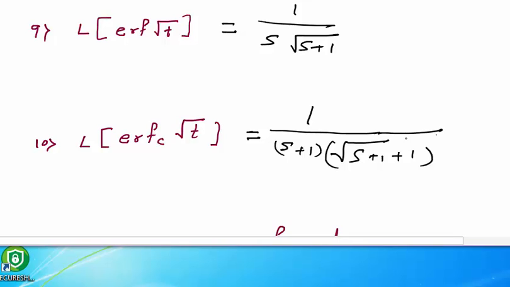For the complement of the error function, you can simply write this as Laplace of 1 minus Laplace of error function of root t. So these are the formulas which we have already derived.